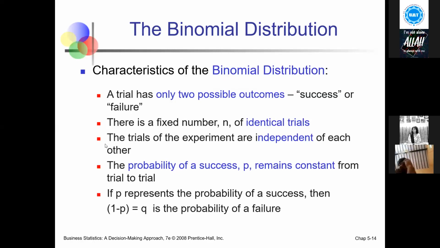Binomial distribution, we have four main properties of binomial distribution. First is a trial has only two possible outcomes, like success or failure.